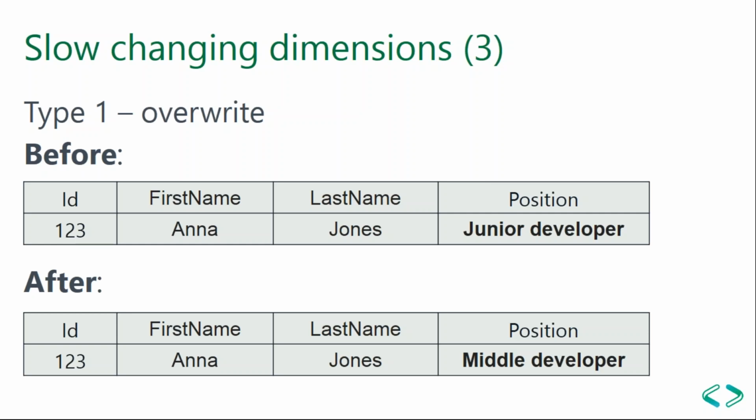So we have one row for one person. So Anna is a junior developer, and after some work, she becomes a middle developer. Is it fine? Yes. But we have no history about what was before. We only have the current value.